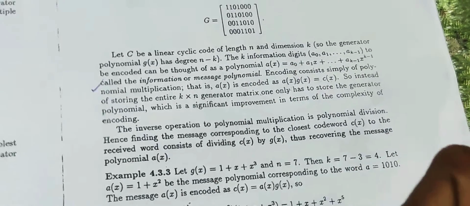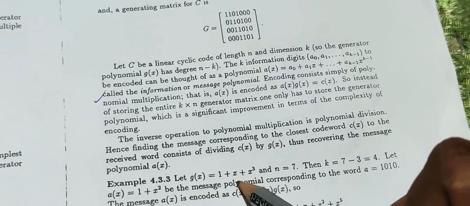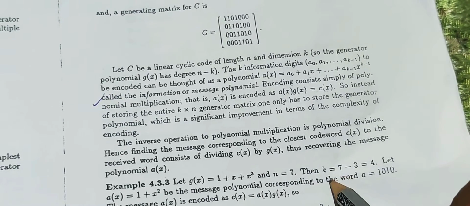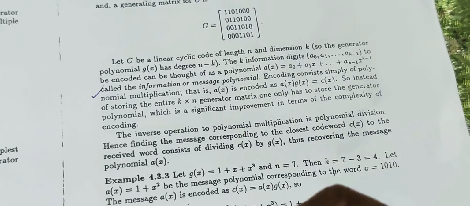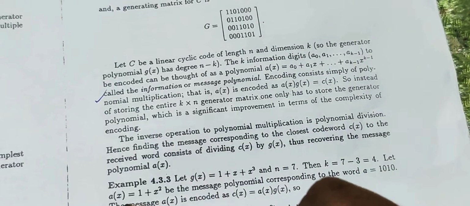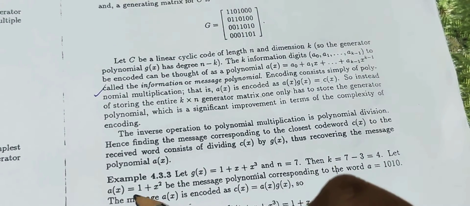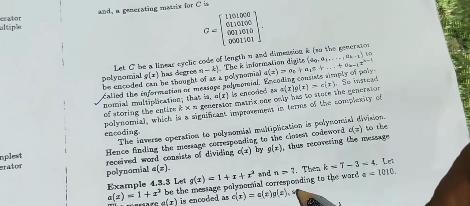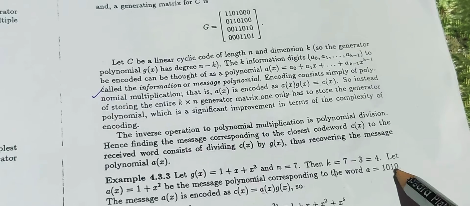Okay. So here is the example. G of x is equal to 1 plus x cube and n is equal to 7. Okay. And then k is equal to what? 4. So a of x is equal to 1 plus x square, the message polynomial corresponding to the word 1 0 1 0.